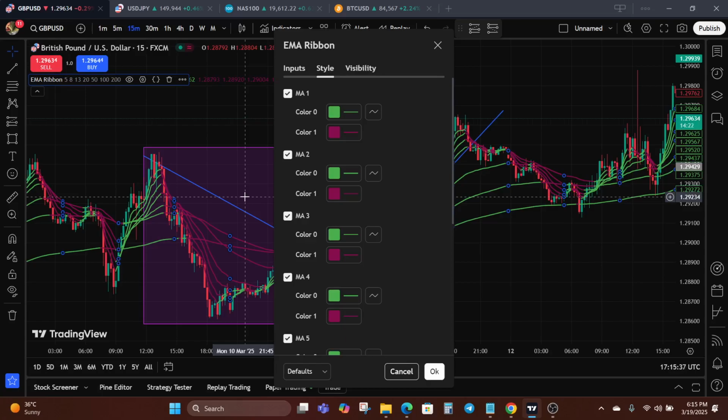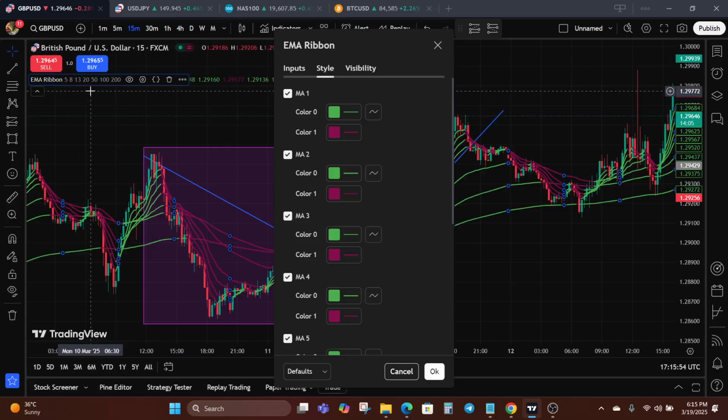For scalpers and day traders, you can decide to use mostly smaller periods. Maybe you can focus on the 5, 8, 13, 21.